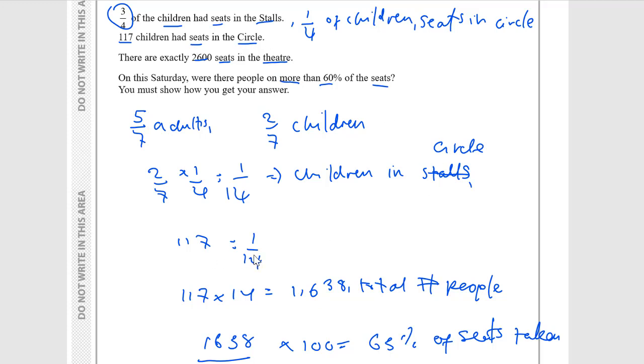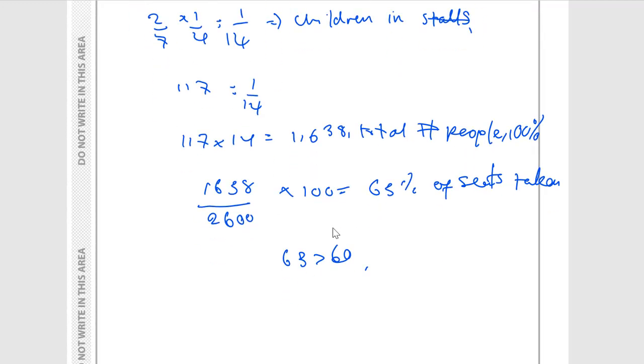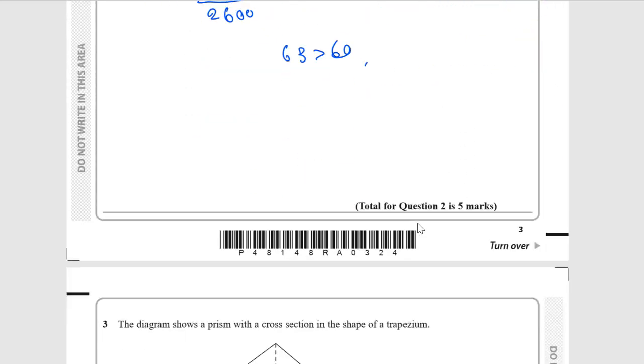So 117 is equal to 1 over 14. So 117 times 14 gives us 1,638, which is 100% of the people that were there on the seats. And 1,638 over 2,600 multiplied by 100 gives 63 percent of the seats taken.